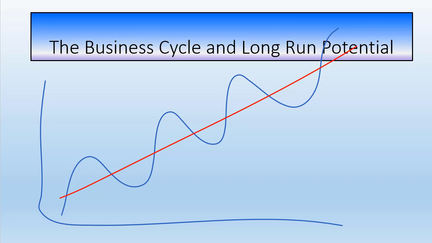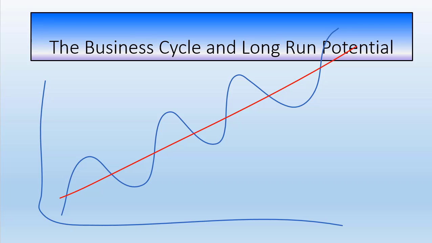Well, there are self-correcting mechanisms that we'll talk about, so that when we go into an economic expansion, the economy tends to revert back to its long-run trend, and when we go into recessions, things adjust, and we tend to go back again to the long-run trend.